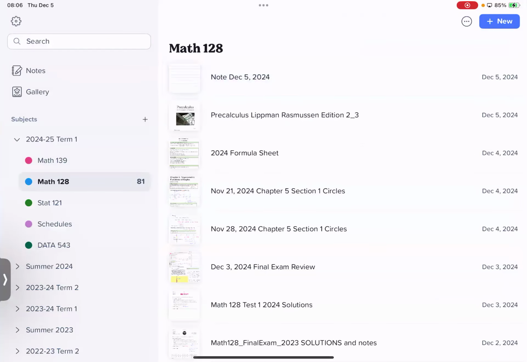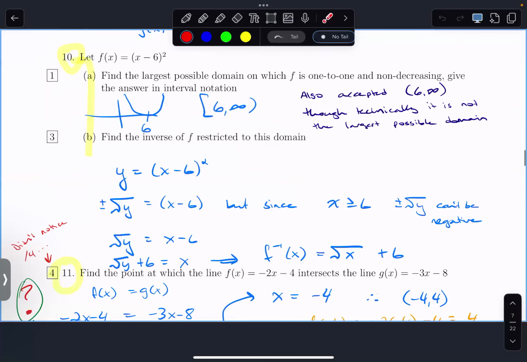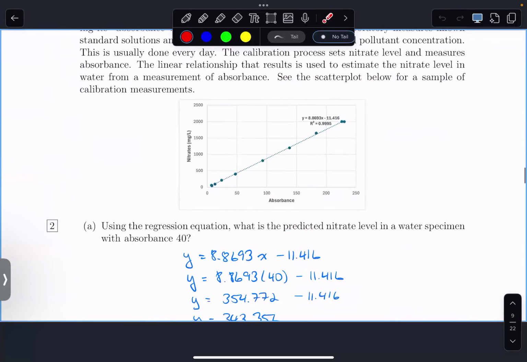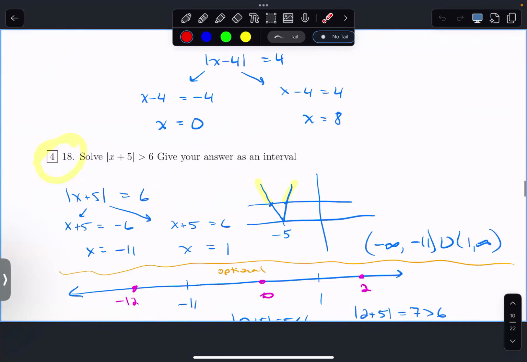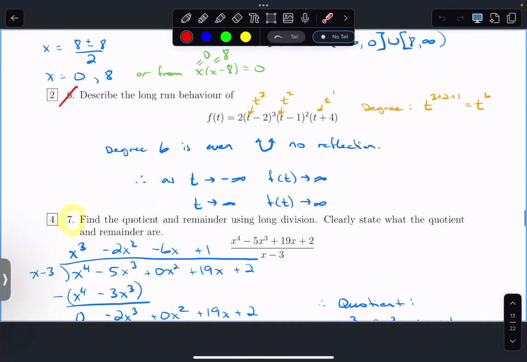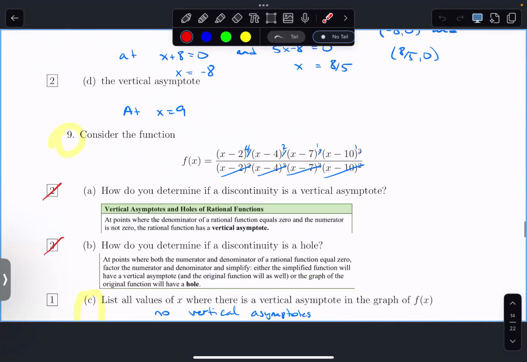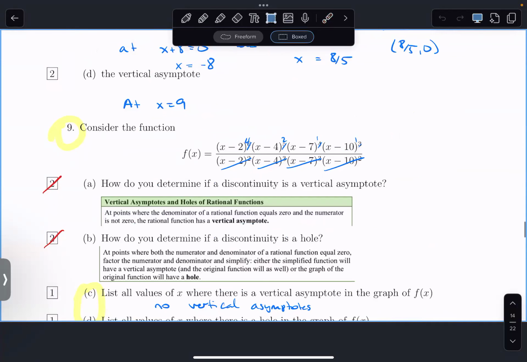Let's see here. Where is it? Number 5, number 6, number 7, number 8. Number 9. Okay.